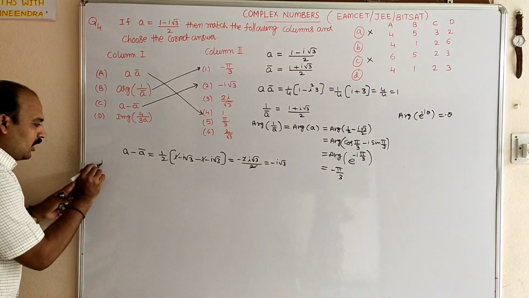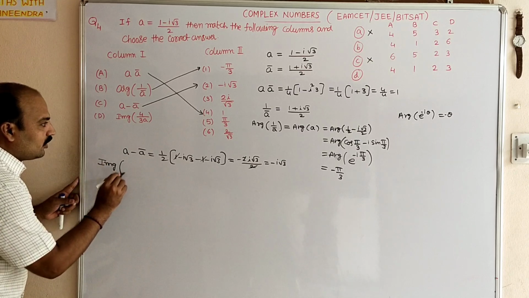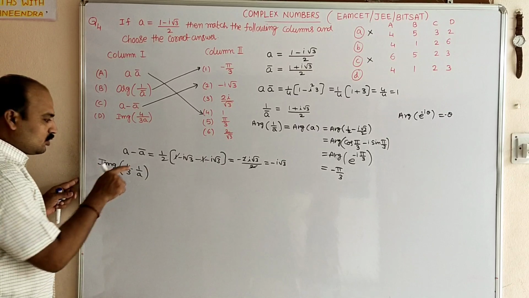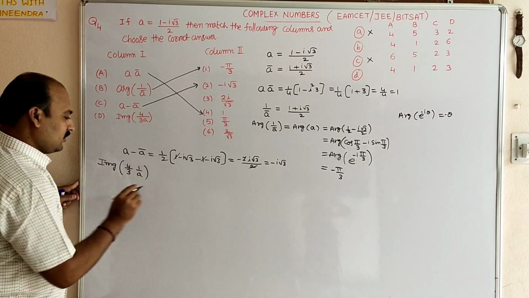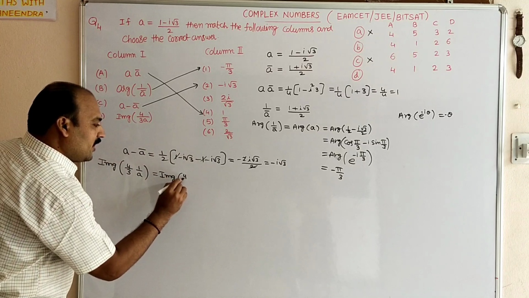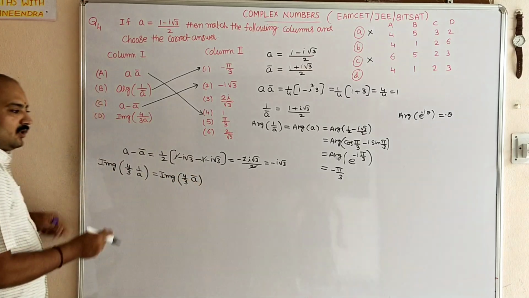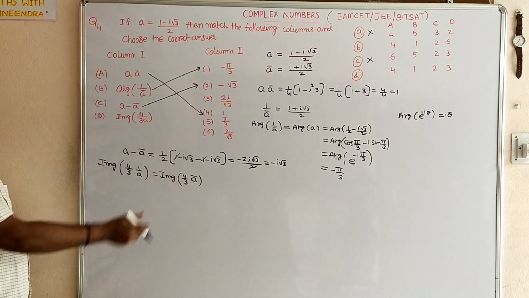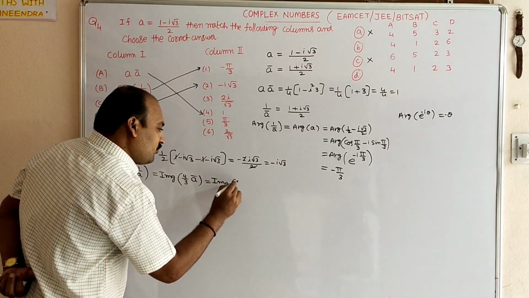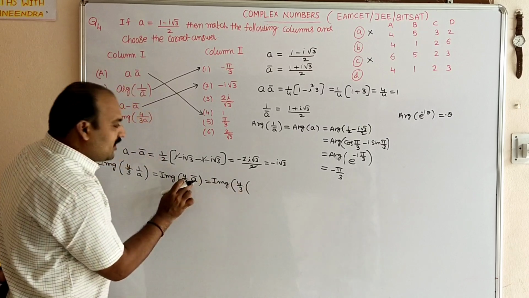So now, imaginary part of 4 by 3 into 1 by A. So 1 by A means imaginary part of 4 by 3 times A bar. The reciprocal of the complex number is the complex conjugate, so you can write A bar. What is A bar?